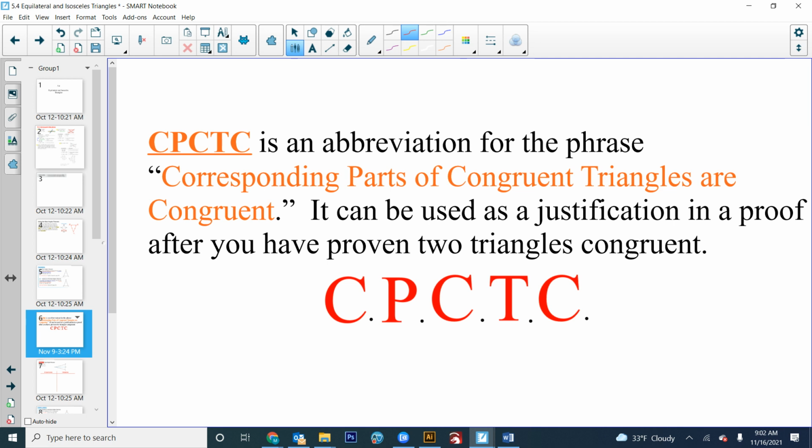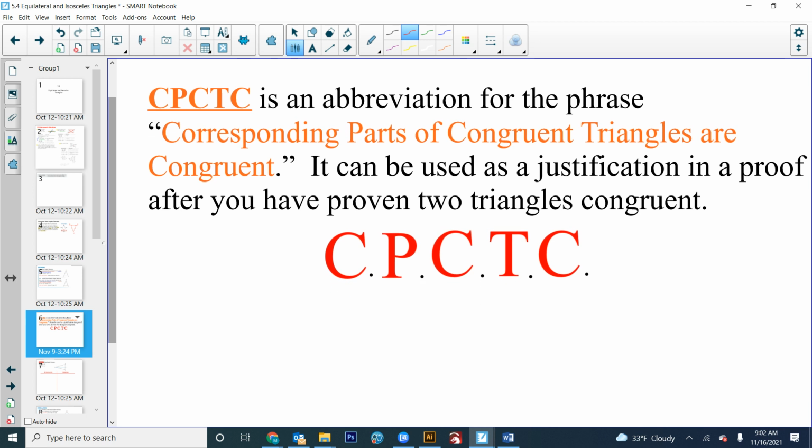Corresponding parts of congruent triangles are congruent. Corresponding parts of congruent triangles are congruent.